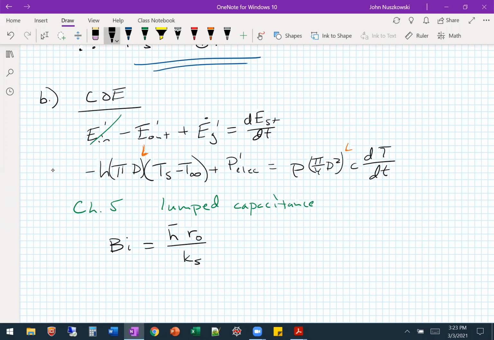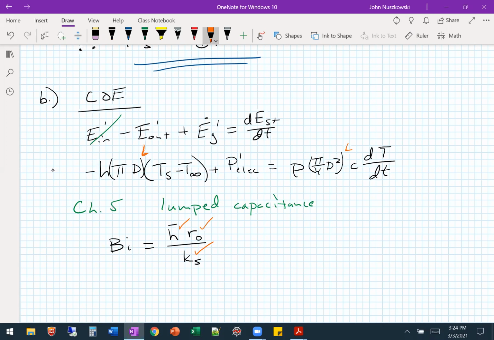Biot number, we have the convection coefficient from the last part A. We can get our radius, and then this is the solid.